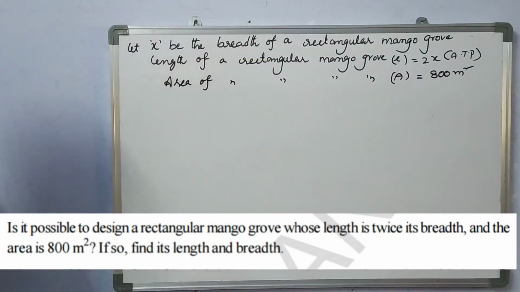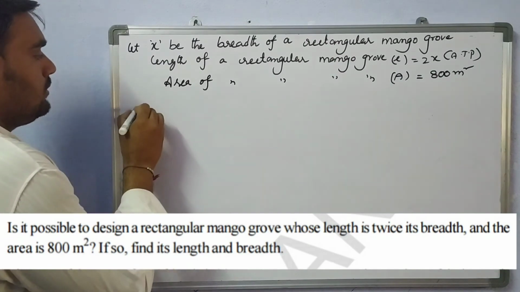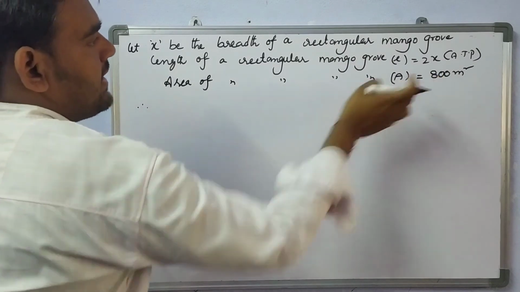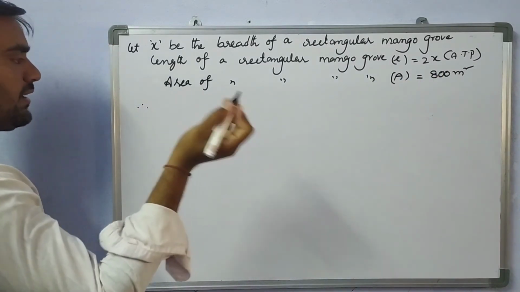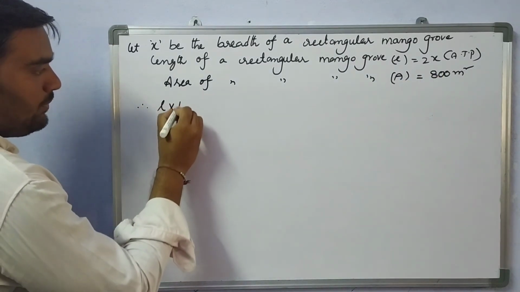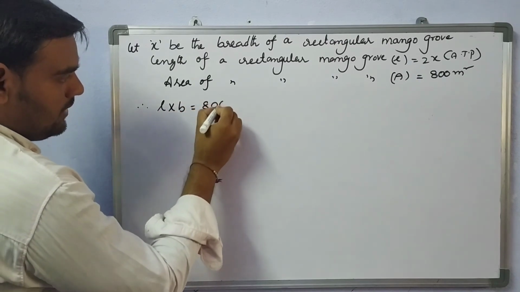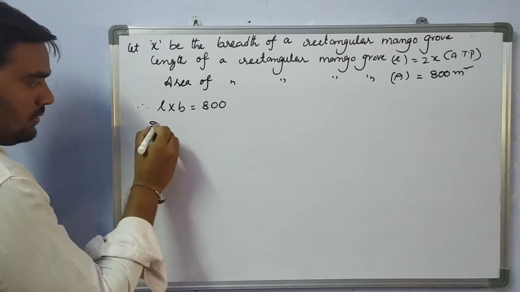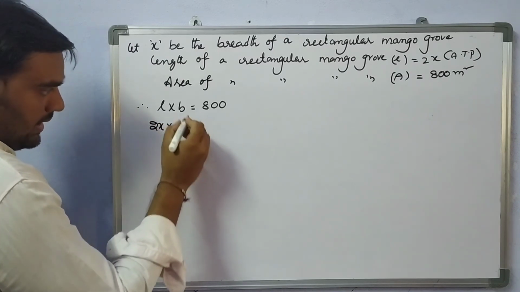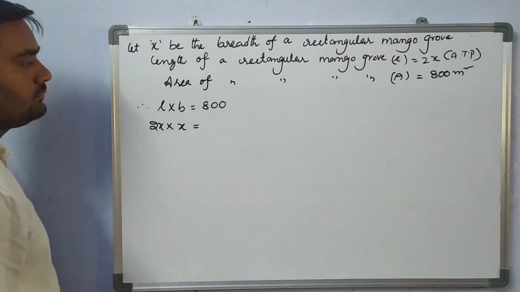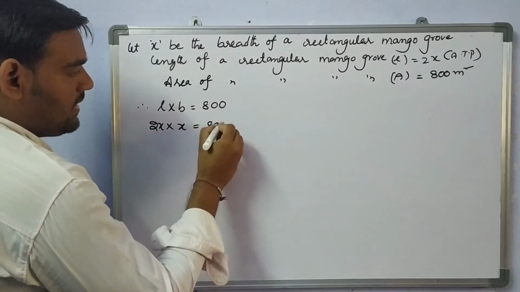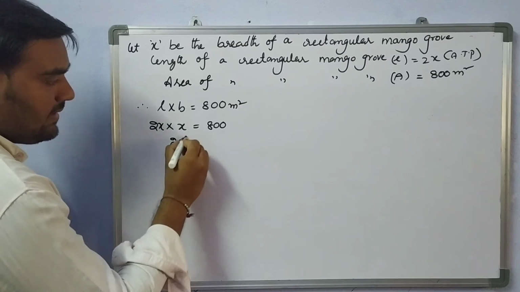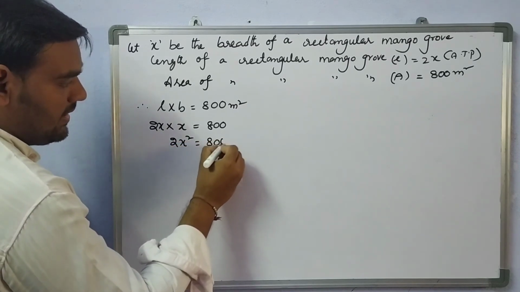Now according to the problem, the area is 800 meters square. What is the formula to find the area of a rectangle? Length into breadth is equal to 800. Length is nothing but here 2x. 2x into x is equal to 800 meters square. Now 2x square is equal to 800.